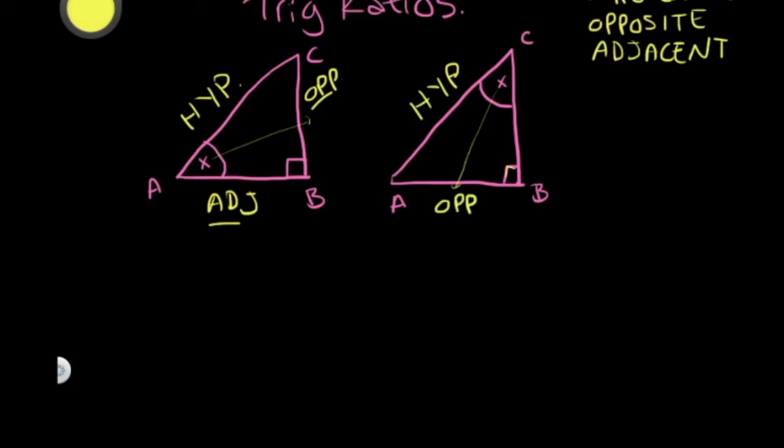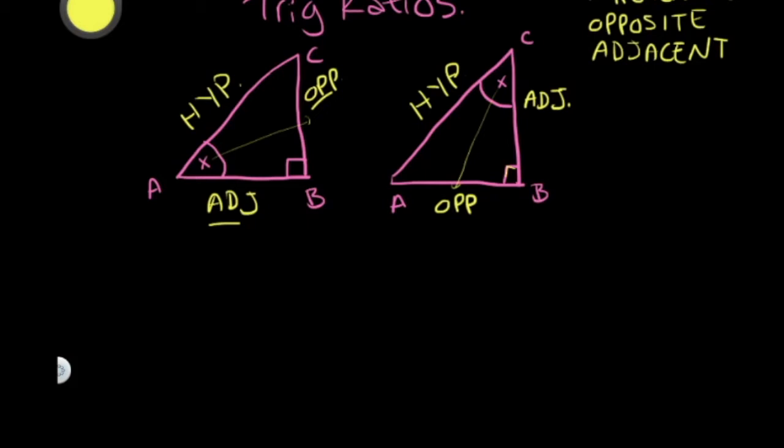Now this side is touching the angle, so it's next to the angle, so this side is our adjacent. So it's important to be able to label the triangle correctly depending on the angle being identified, because the legs will change depending on which angle we're looking at.